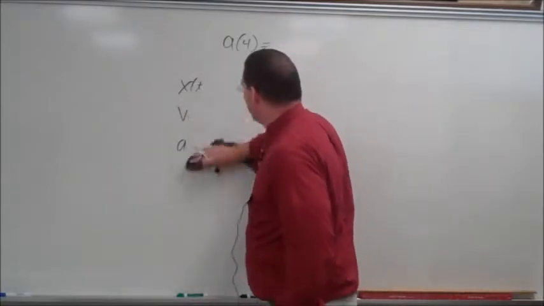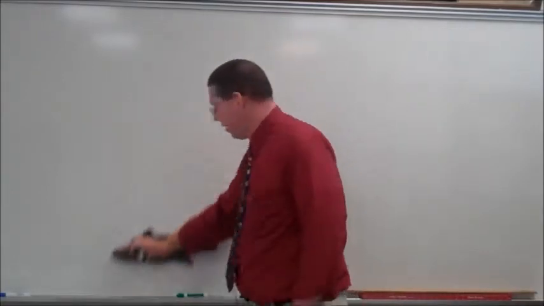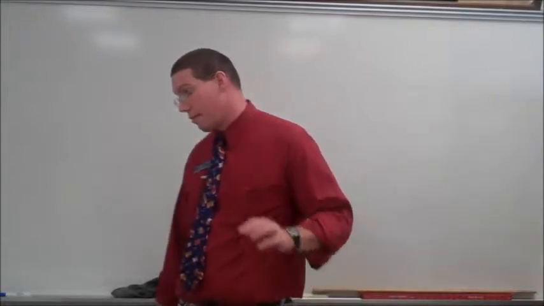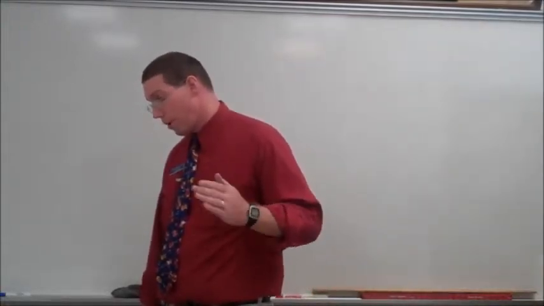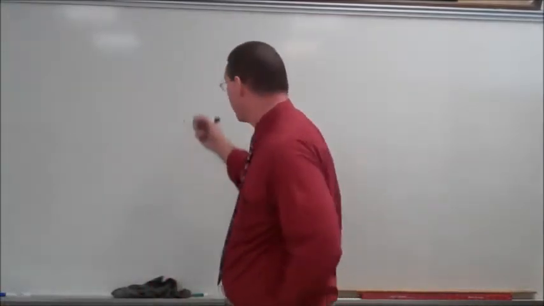Now let's try question number 3, which is a free response question. It has 4 parts to it, A, B, C, and D. We'll do them one at a time.